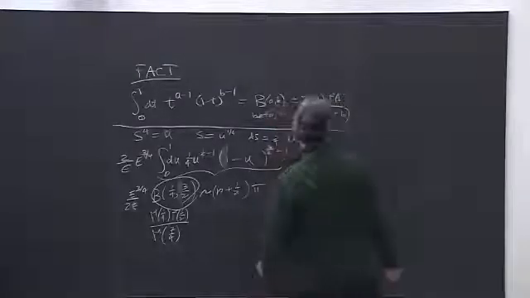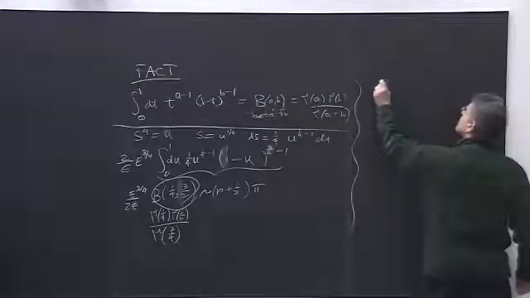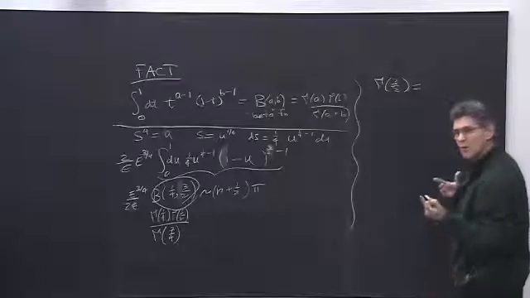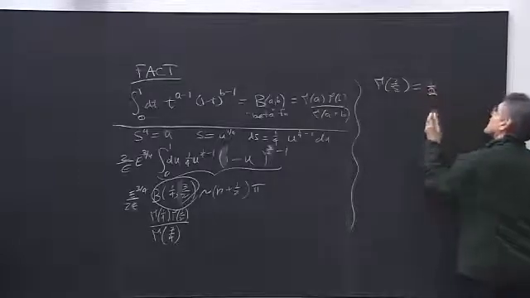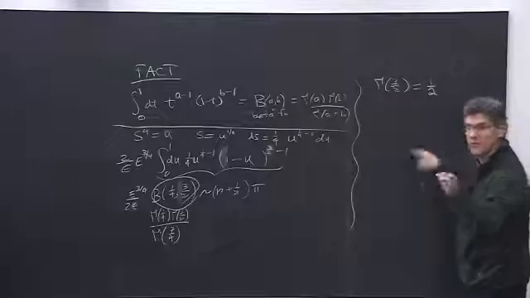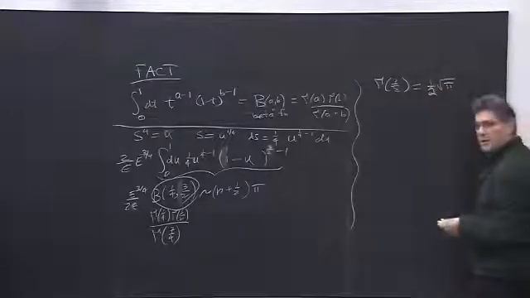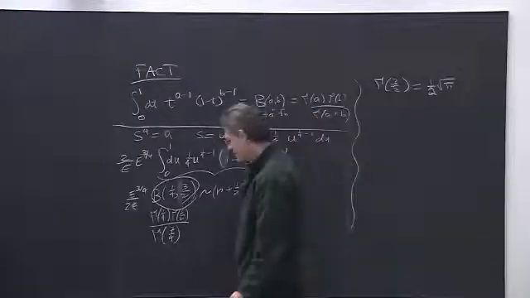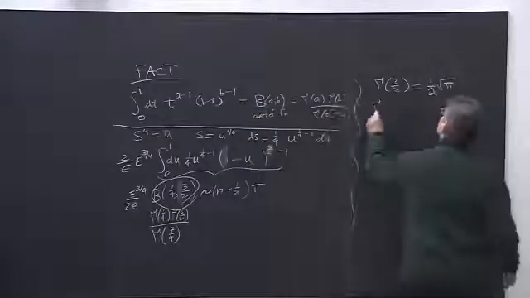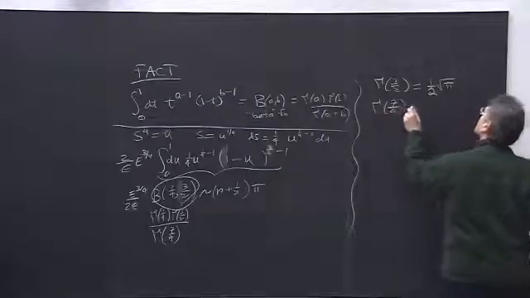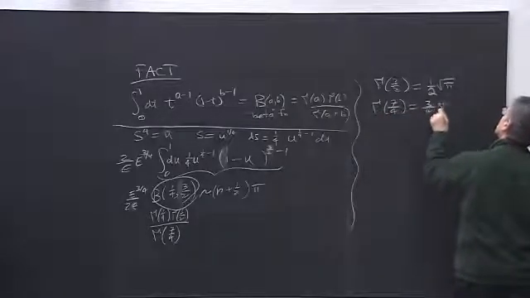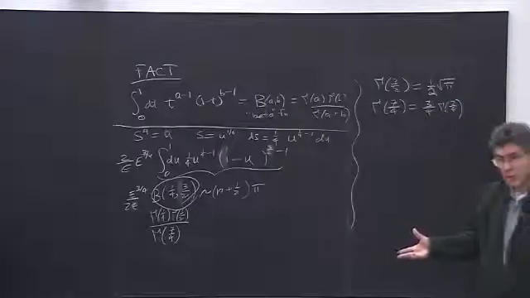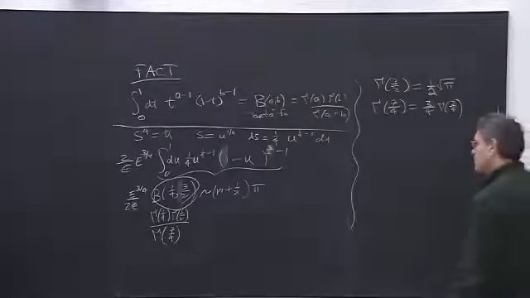By the way, what's gamma of 3/2? Gamma of 3/2 is 1/2 times gamma of 1/2, which is square root of pi. We could make another slight simplification: gamma of 7 quarters would be 3/4 gamma of 3/4. But gamma of 3/4 is not expressible in terms of pi. It's just some transcendental number.